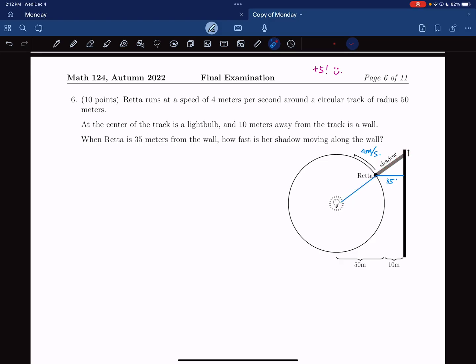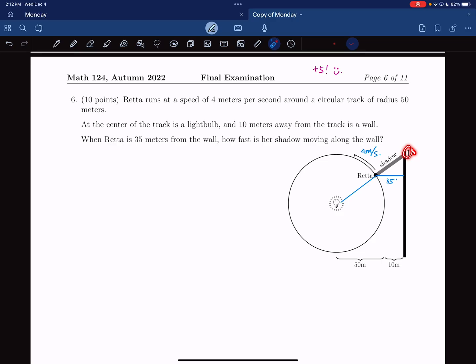Now, as Retta is running across, for example, when she's here, the light is going to go to this point, and then cast a shadow over here. So as Retta is running this way, the shadow is going to move this way, as the diagram is indicating.